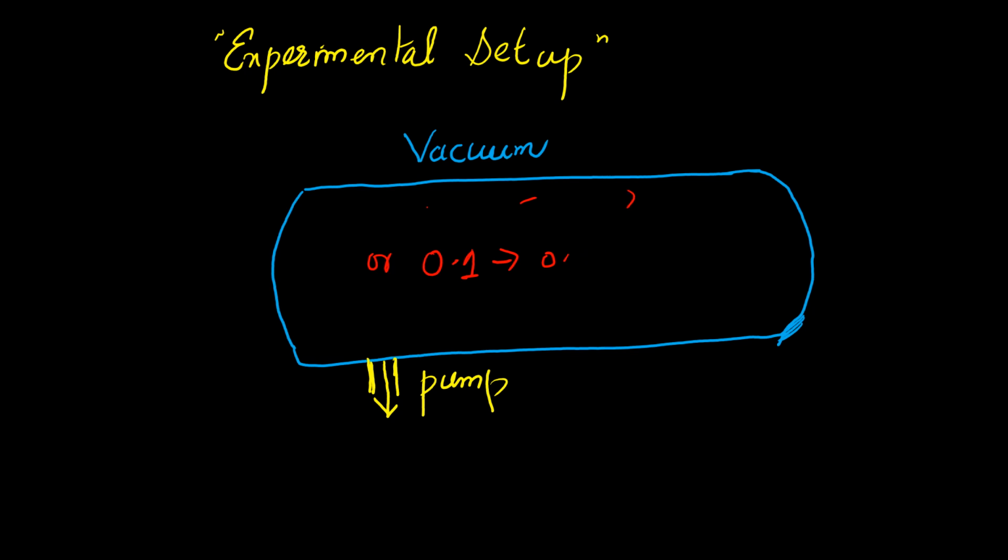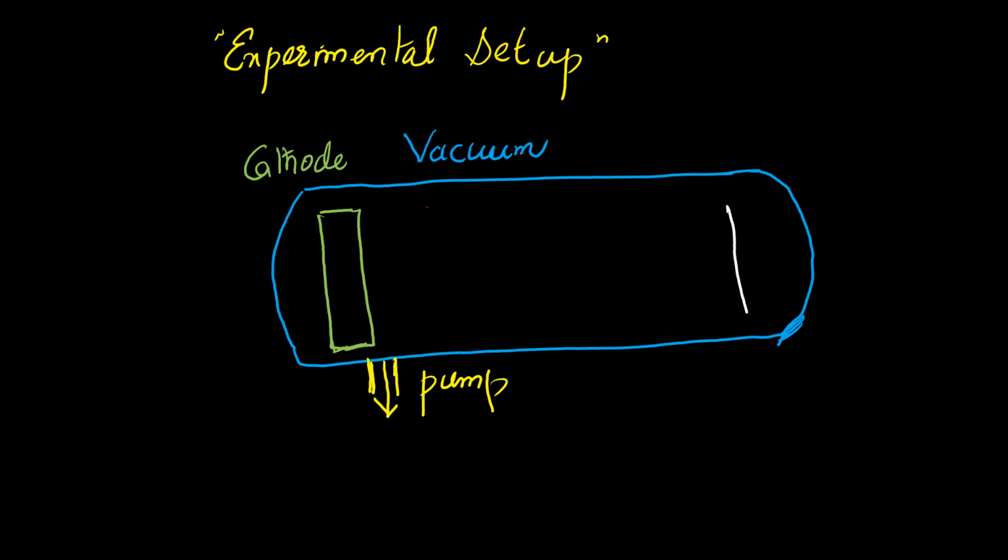Dear student, Roentgen used two types of electrode inside this vacuum glass tube, or inside the glow discharge tube. One type of electrode is known as cathode, whereas the second type of electrode present inside a glow discharge tube was anode.